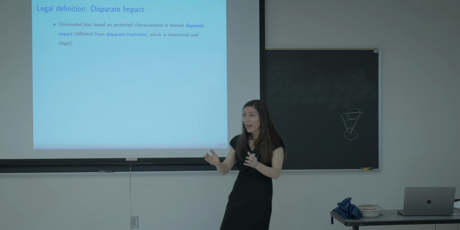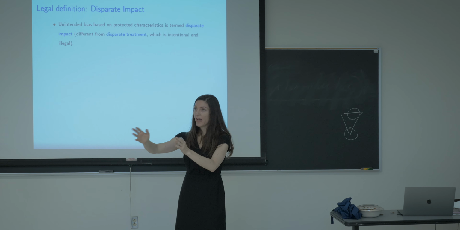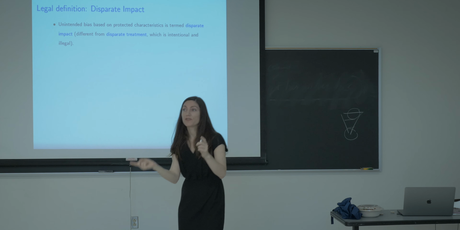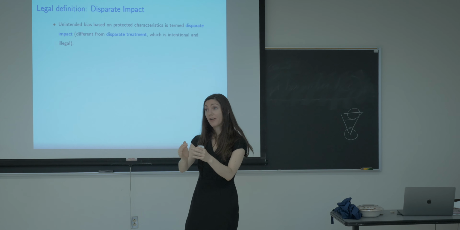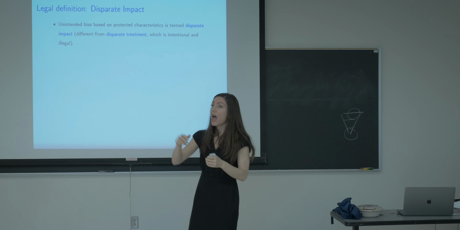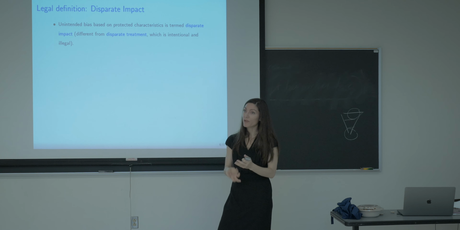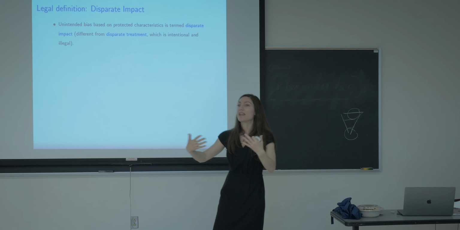Whenever that happens, if that other attribute is predictive of decisions made in the past, then that attribute that correlates with the protected characteristic is going to influence the decisions that are made in the future, and it's going to lead to disparate treatment of different groups. So there's going to be what we call disparate impact.